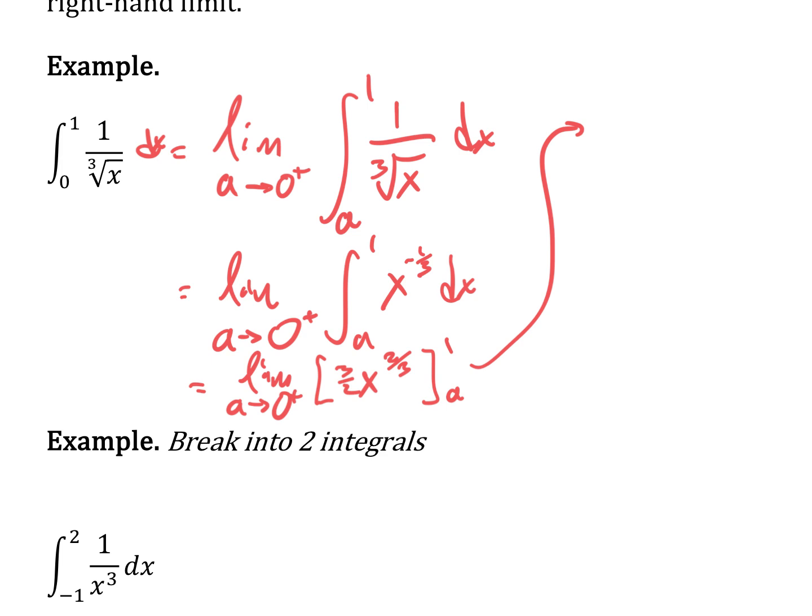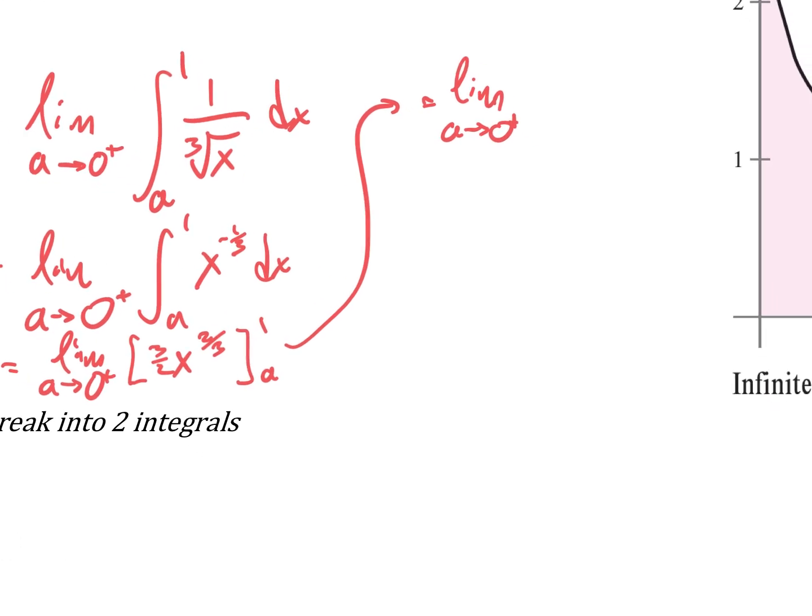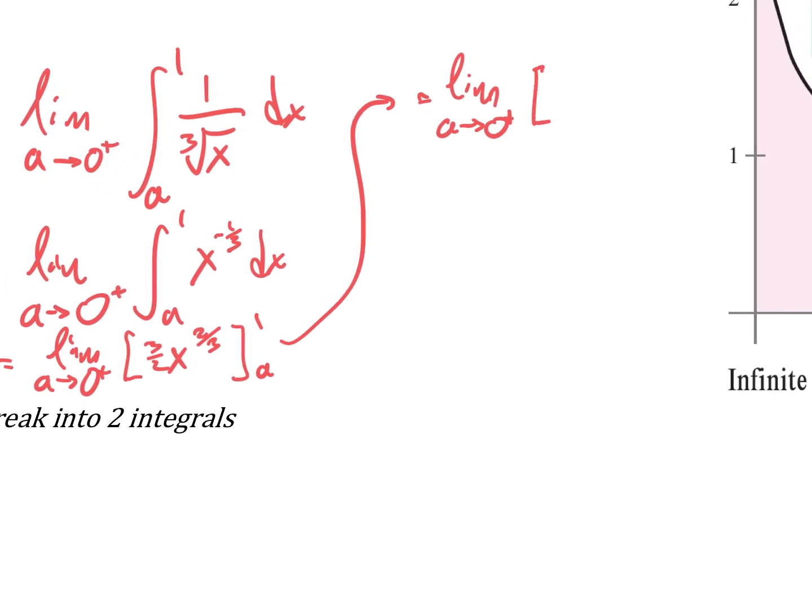We still haven't quite found our limit yet, so bring it along for the ride. We plug in 1, and 1 to the 2/3 is just 1. So we have 3/2 times 1 to the 2/3 minus 3/2 a to the 2/3.